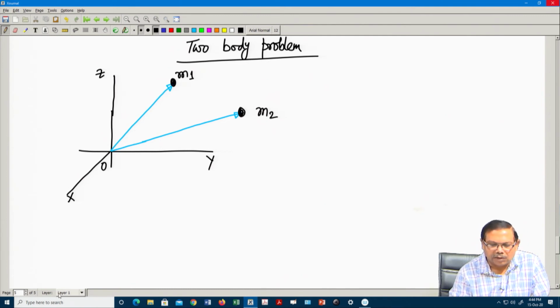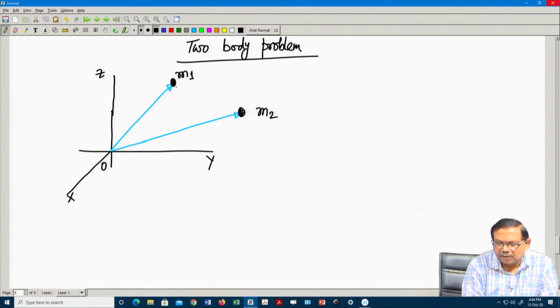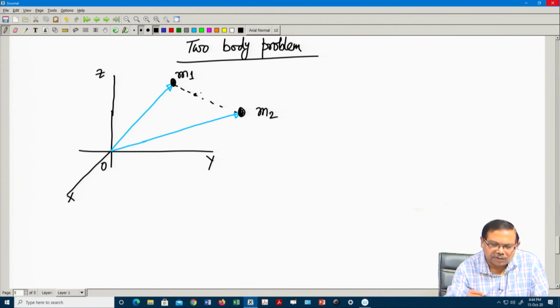Okay. And their center of mass would be somewhere in between. So, somewhere on the line joining these two particles, there would be some center of mass. So, I also join from origin to center of mass.